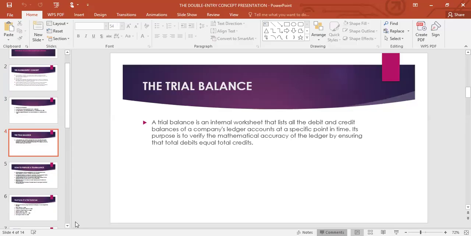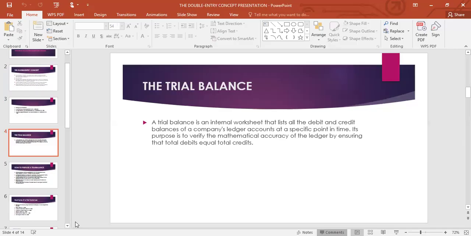Now, if at any point you are calculating and putting your lines on your trial balance and it doesn't balance, then obviously you've made a mistake somewhere.